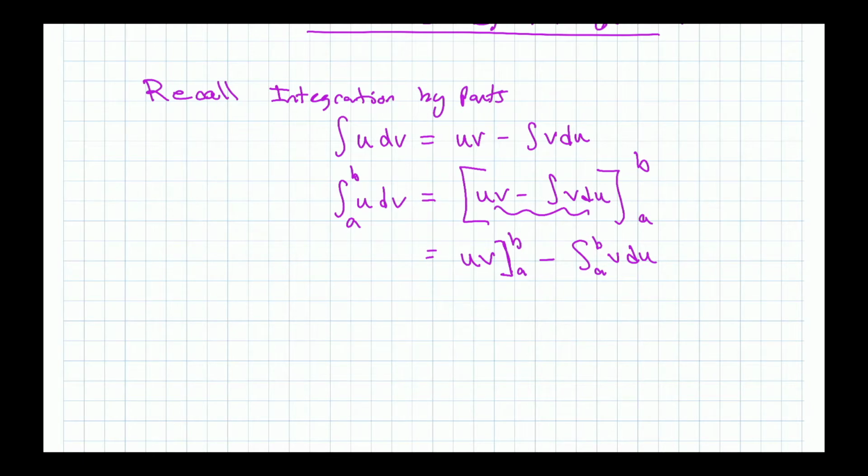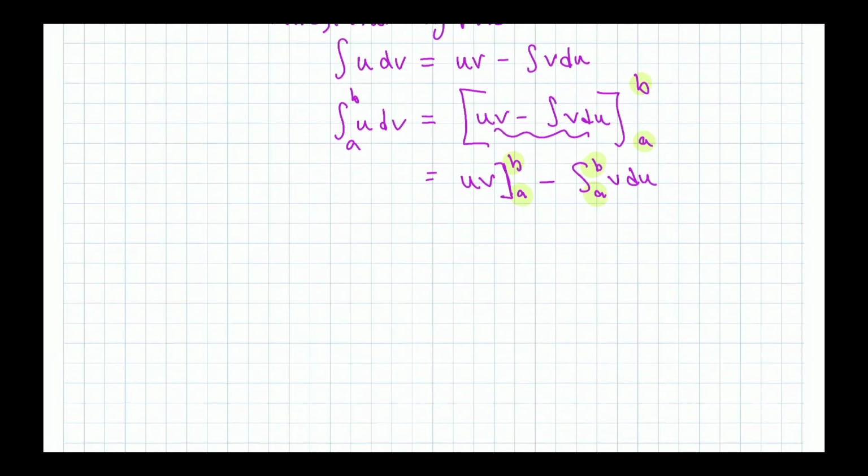But it just becomes a lot of trouble, in my opinion, to write the a's and b's in multiple places like this. So from my point of view, just do integration by parts like normal all the way to the end, and then just plug in your limits. So basically there's nothing special for a definite integral. We'll probably see those pretty soon, but not right away in this lecture.